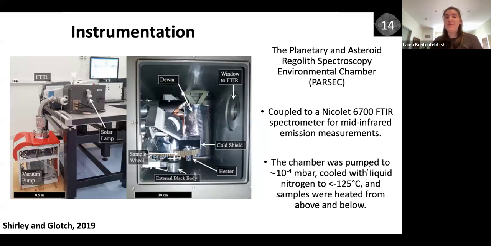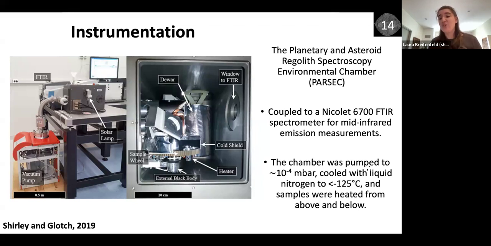So each of these samples are placed within the chamber, 6 at a time, and then the chamber is sealed. It is pumped down to 10 to the negative 4 millibars, and then cooled with liquid nitrogen to less than 125 degrees Celsius.